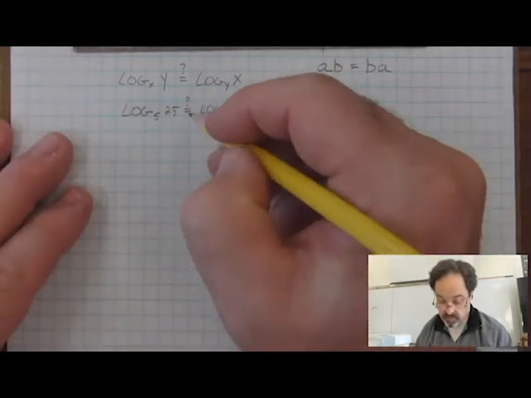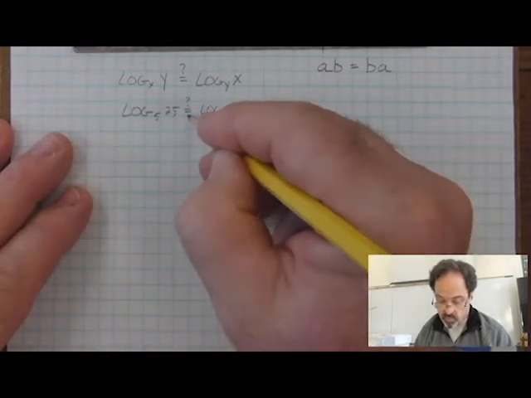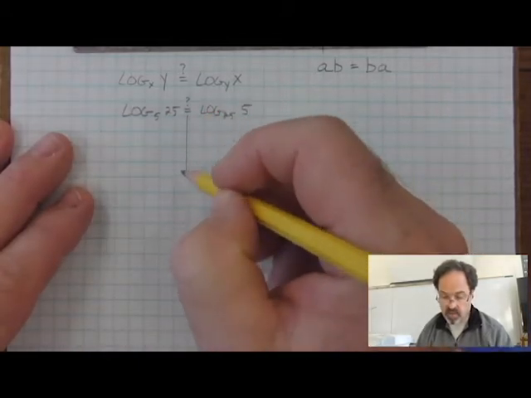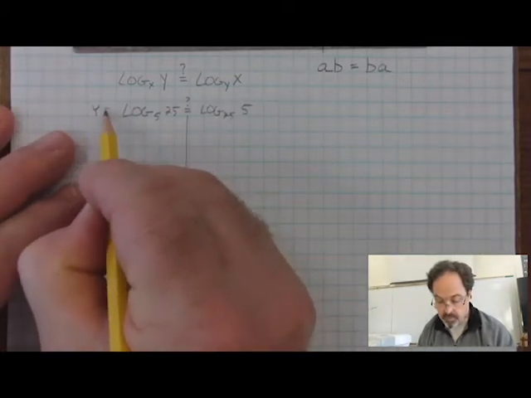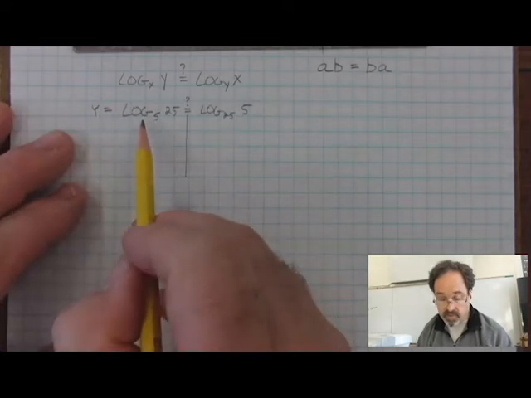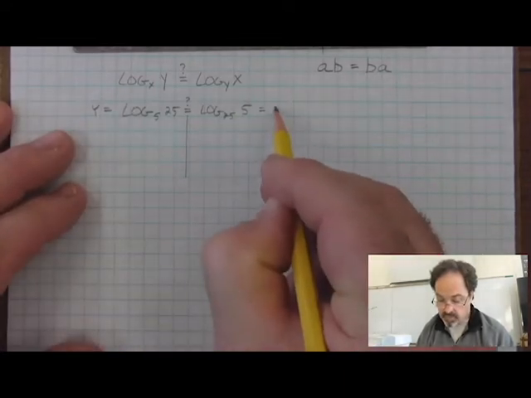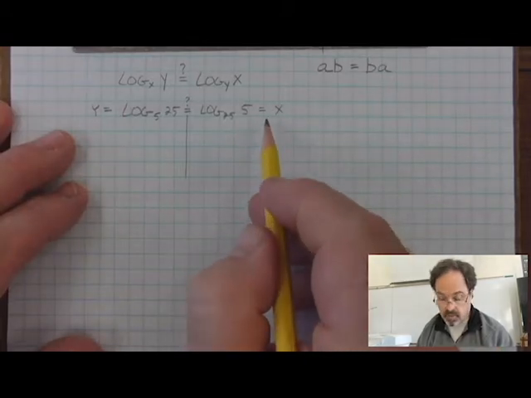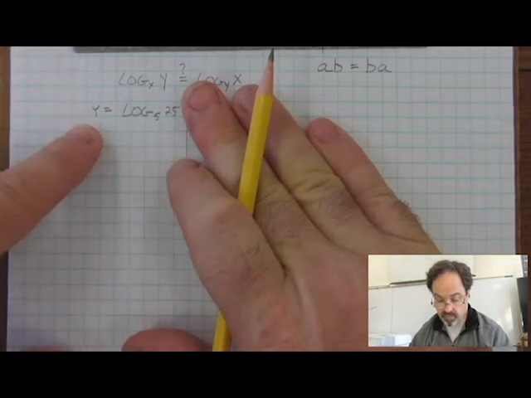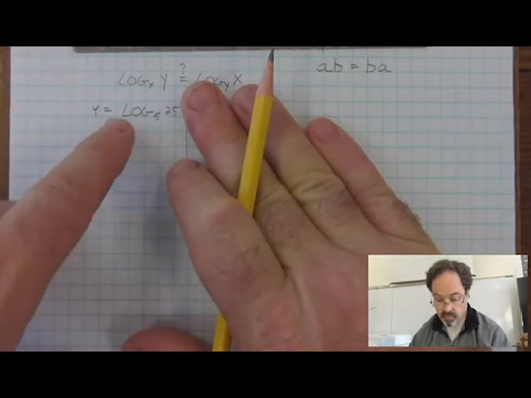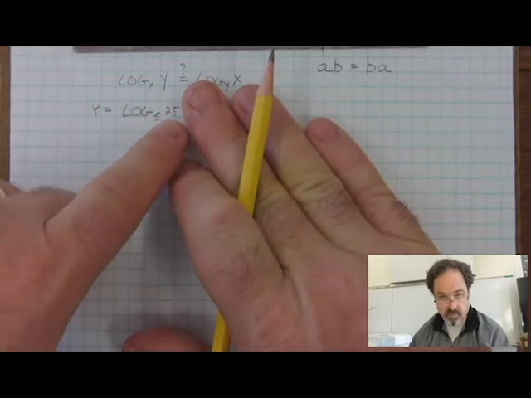Well, in order to see if this is true in this case, we're going to separate the sides and convert each side into exponential form and then see if the sides compare. So I'm going to work one side at a time and I'm making an equation out of this so that I can move the log base 5 to the other side and get 25 by itself.